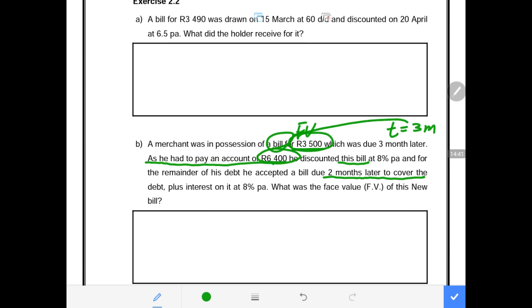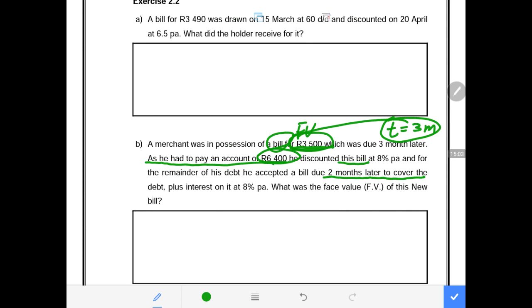So he went to the bank and said, bank, can you please give me the cash value of this bill? Then obviously the bank will say, I won't give you the full 3.5. No. I will have to deduct interest, because I, as the bank, will have to wait for 3 months in order to receive the money which is inside this bill.